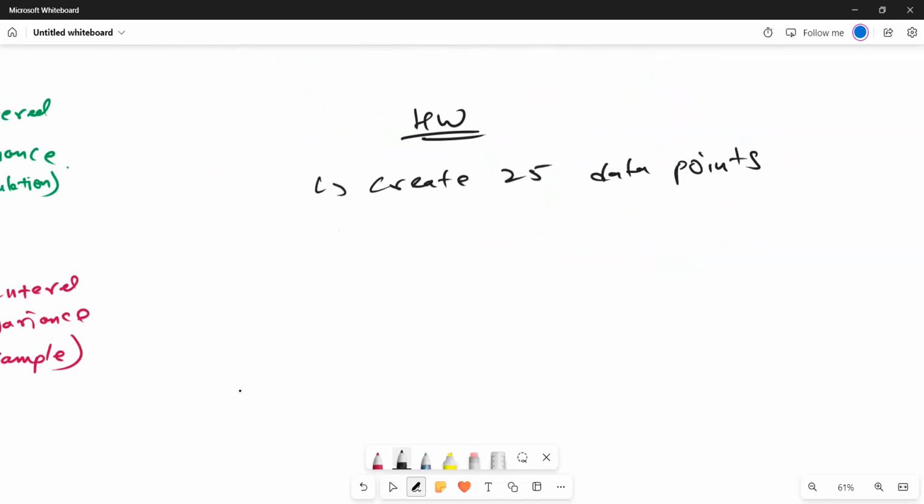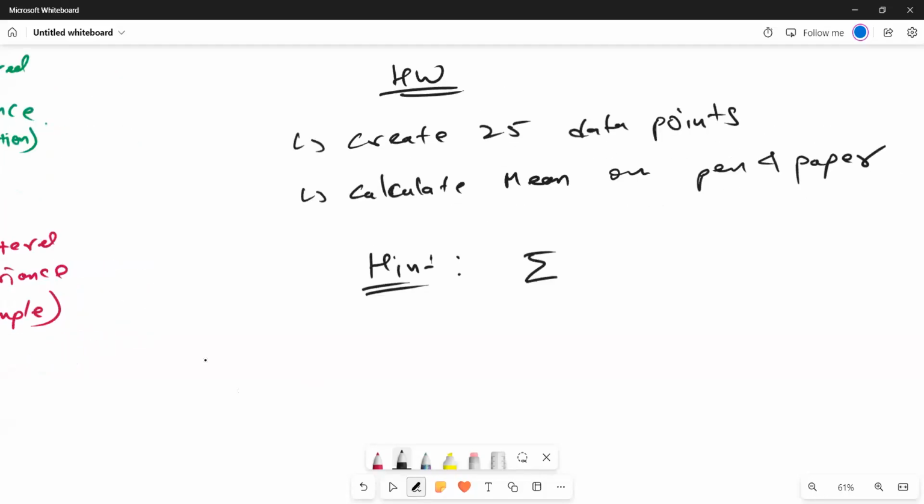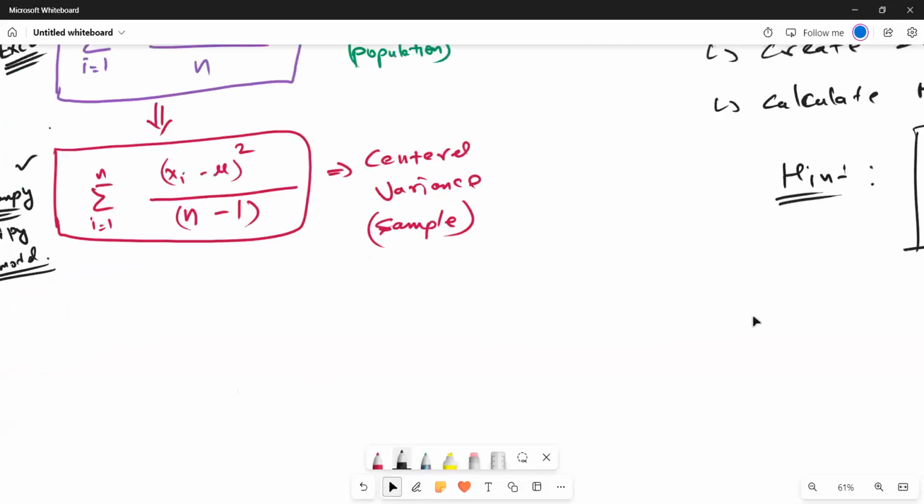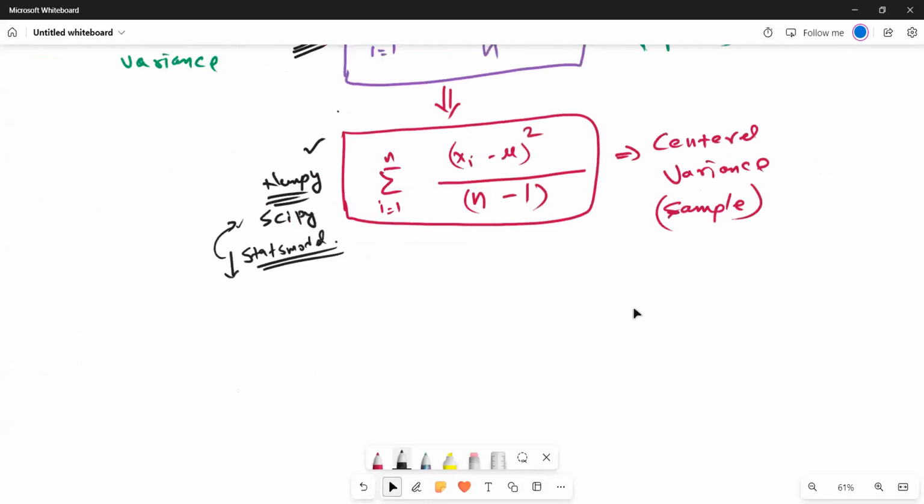These data points can hold any value, and you have to calculate the mean on pen and paper. This is your homework, and your hint is you can use this particular formula, which is summation of i equals 1 to n xi divided by n. This is the formula that can be used to calculate the mean. All right, now let's proceed ahead.